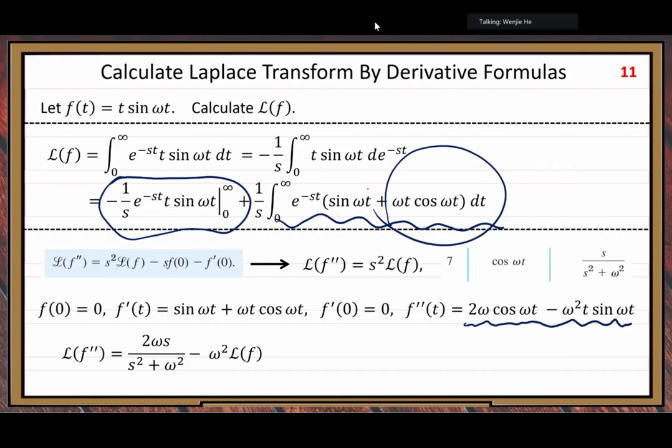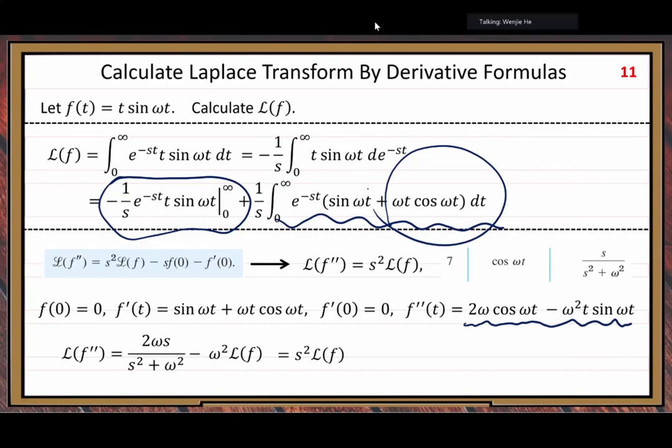Look at this formula. For L of f double prime, we also have another equality, so let's connect these two equalities, and we get this new equality.